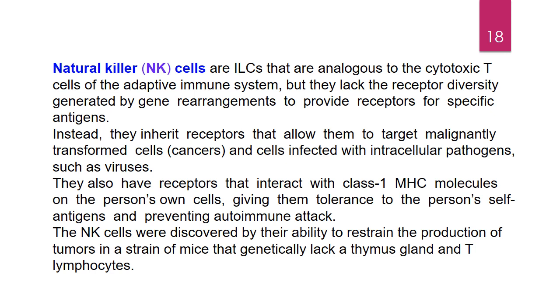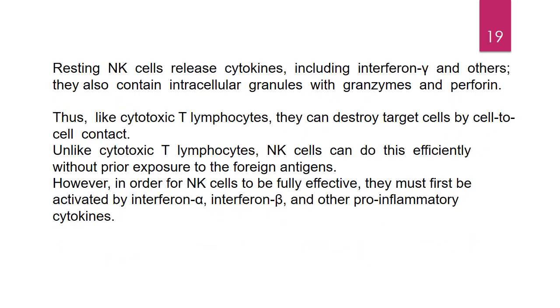The natural killer cells were discovered by their ability to restrain the production of tumors in a strain of mice that genetically lack a thymus gland and T lymphocytes. Resting natural killer cells release cytokines including interferon gamma and others.